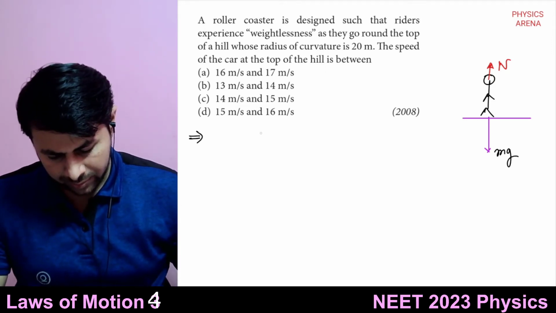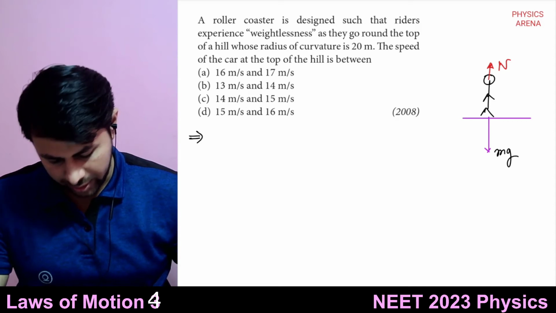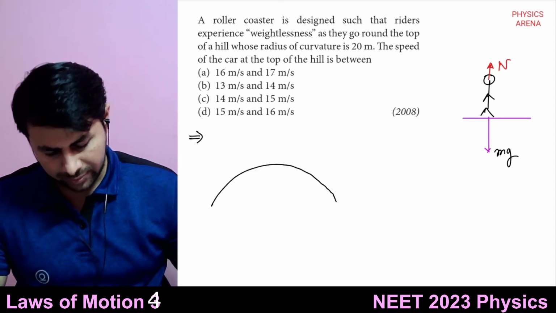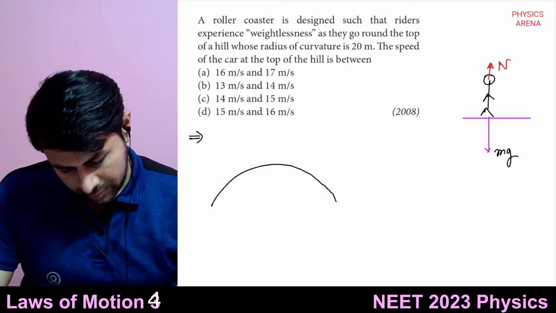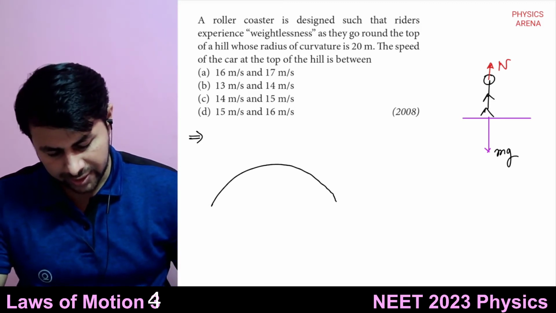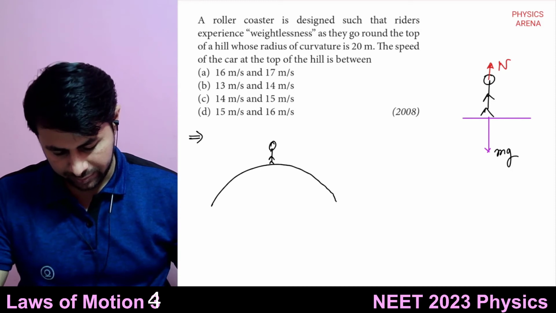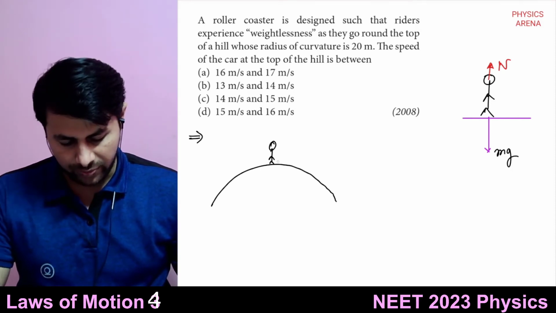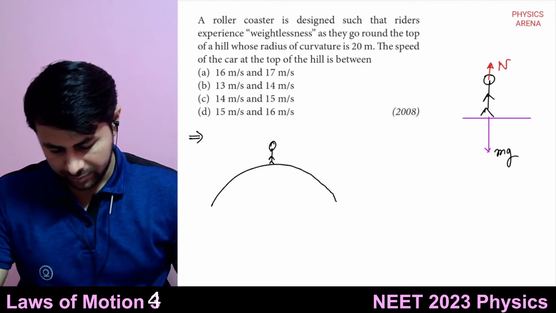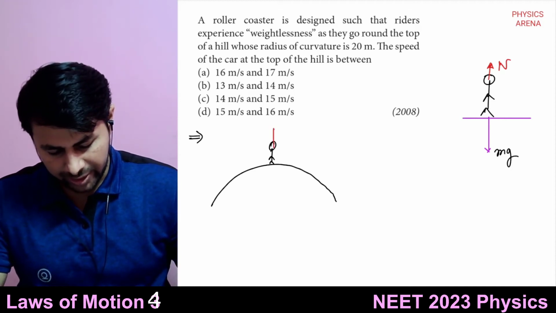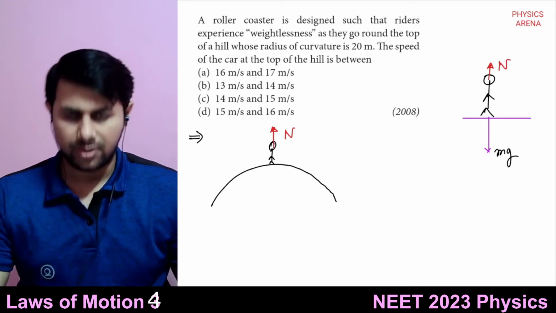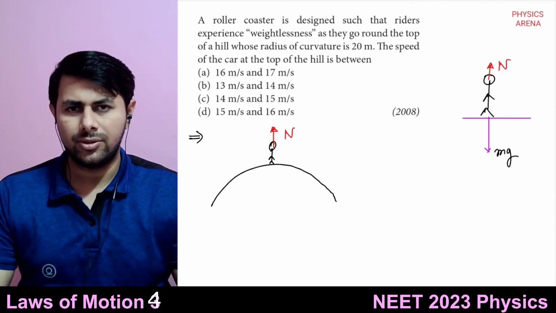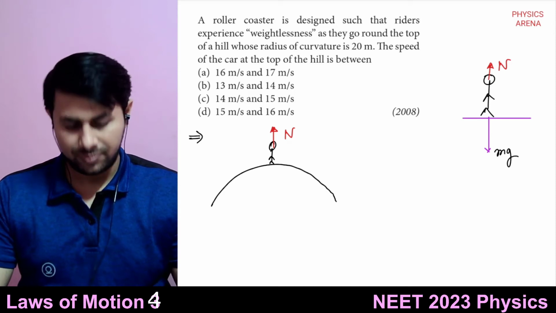So now, see, in this roller coaster, when the rider is on the top of the hill, the rider feels weightless. So why so? There will be some normal reaction. If he is feeling weightless, that means normal reaction must be equal to 0.